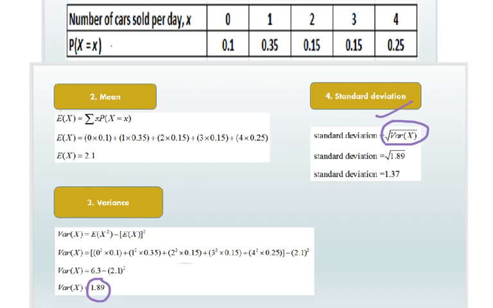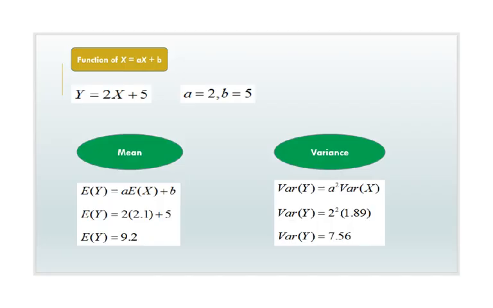Okay, so let us move on to the fifth property, which is the function of x. Let's say you are given a function of x, which is y equals 2x plus 5. So you know that y is the function of x. In the general form of a function of x, you are given y equals ax plus b.